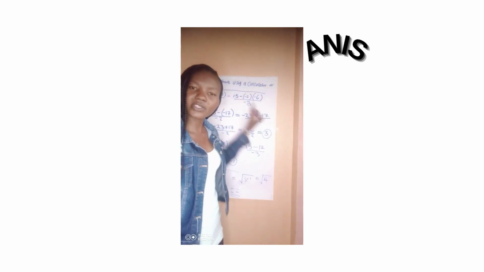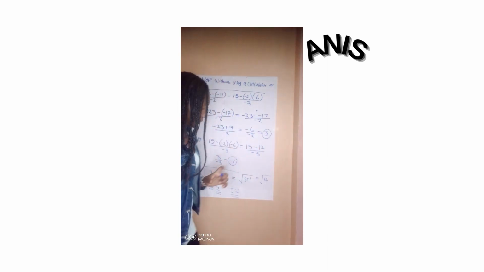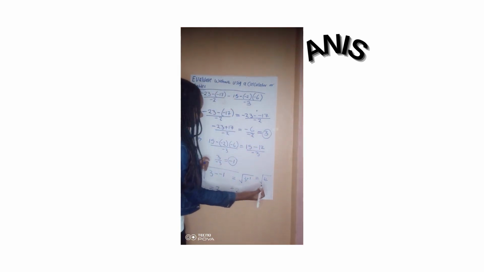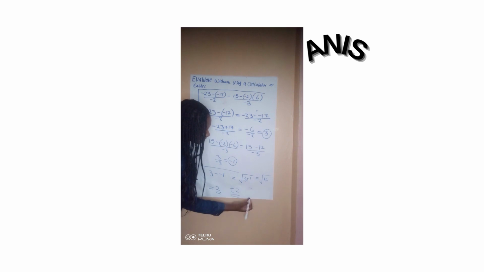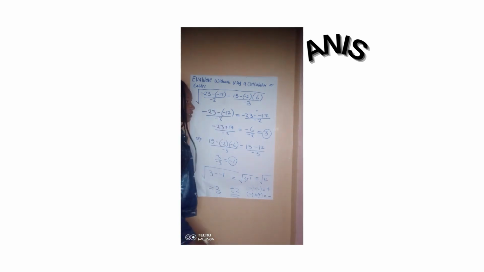In short, whenever you're given such a question, there are some things that you must understand. And here they are. We have a negative number, we multiply by a negative number, we get a positive number. Also, we have a negative number, we multiply by a positive number, we get a negative number.